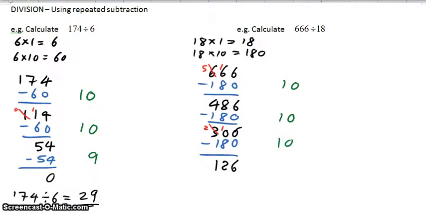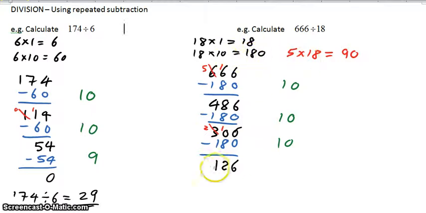Now, another trick here, which maybe I should have mentioned before, if I know that 10 18s are 180, what's 5 18s? Well, if 10 are 180, then 5 is half of that, so it must be 90. So what I was thinking here is I was going to take off 18, then take off 18, then take off 18, and so on.